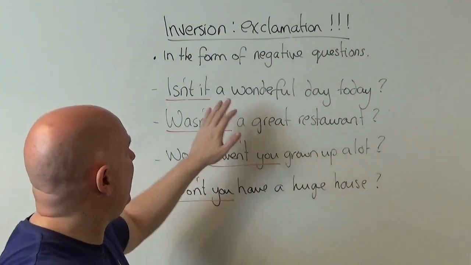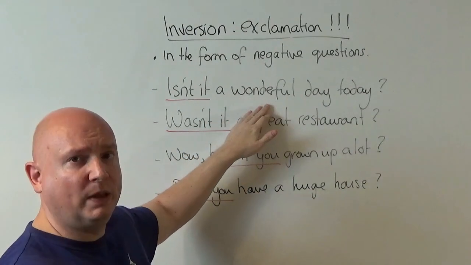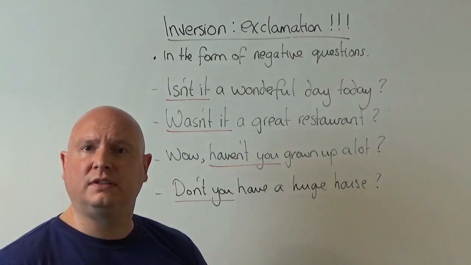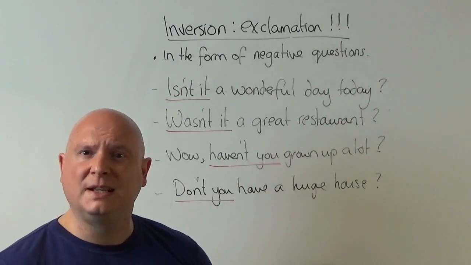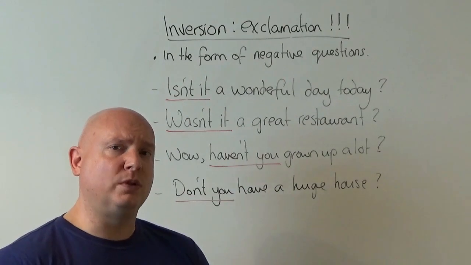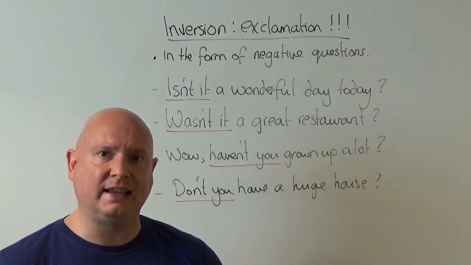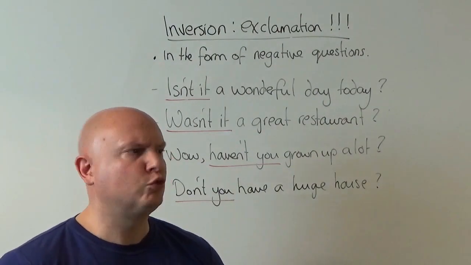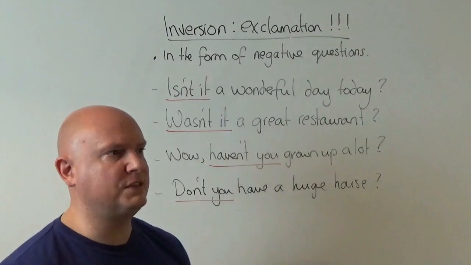Now, here, I can say in normal English for my first example, it is a wonderful day today. That's correct English, but it's not emphatic, it's not really stressing anything. If I want to make it really emphatic, I can say, isn't it a wonderful day today? Oh, absolutely, definitely, of course.